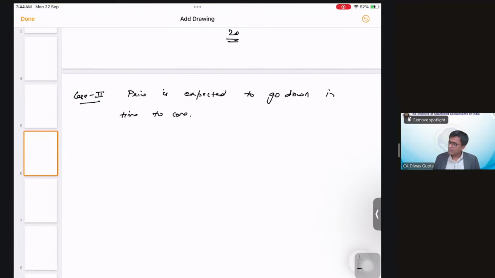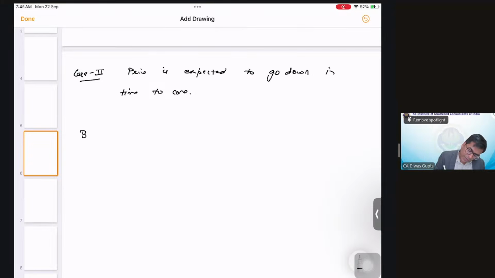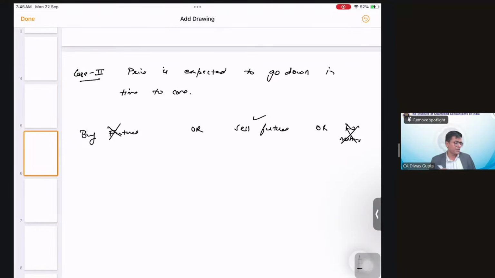Yes, sell the futures. We'll sell the future, sir. Perfect. We will sell the future. Very good. Because, now let's demonstrate this as well. Buy future or sell futures or do nothing. So we will be selling the futures. We will not be resorting to these two options. Okay.